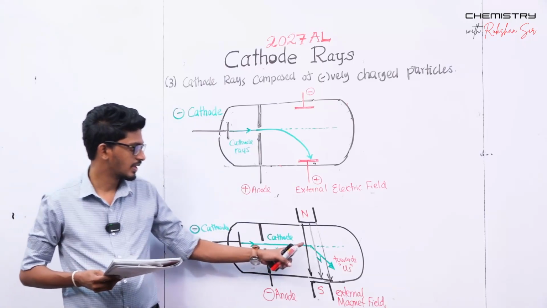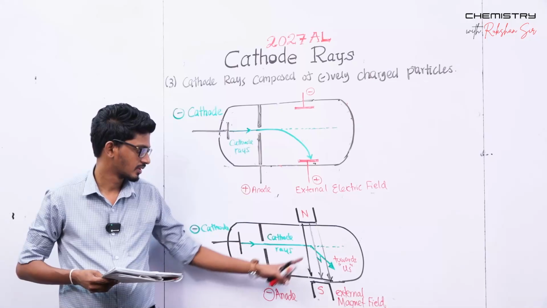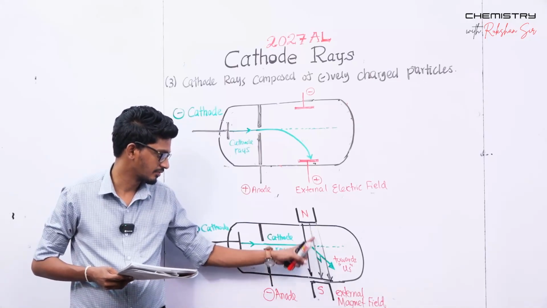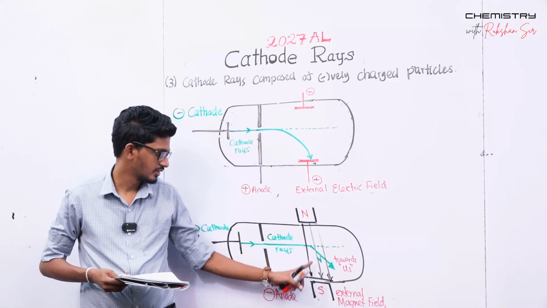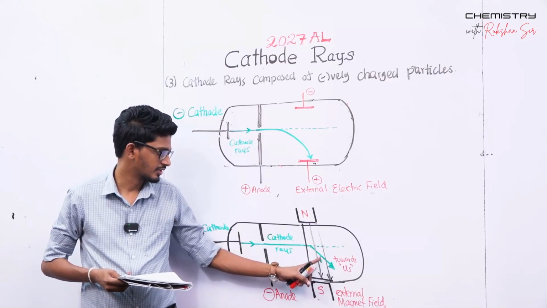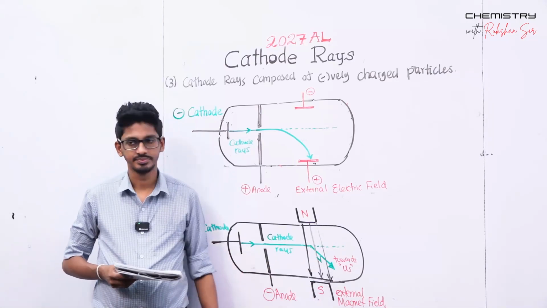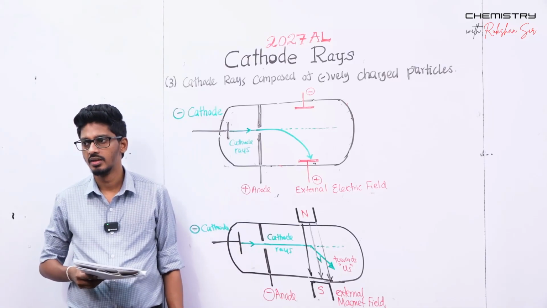So, it will deflect perpendicular to the magnetic field. The field is there, and the deflection is perpendicular to the field, right? Okay.